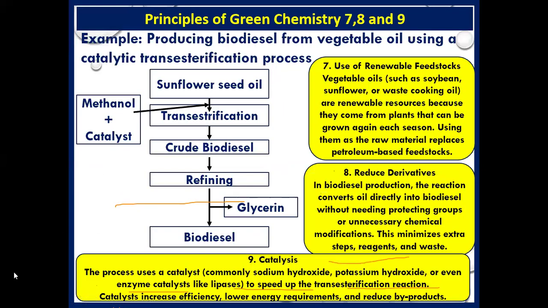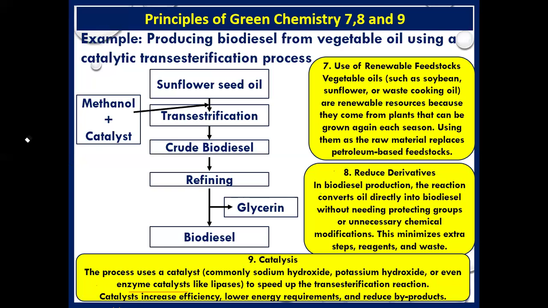Now, considering one example only that follows all three principles. This example is the production of biodiesel from vegetable oil using a catalytic trans-esterification process.